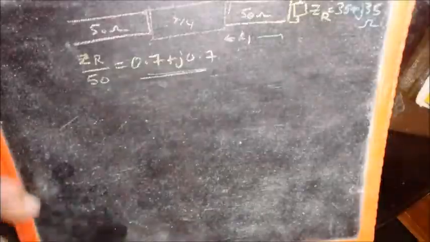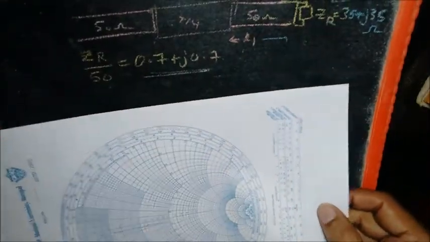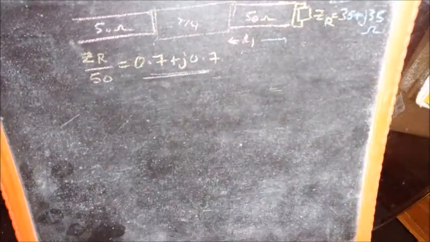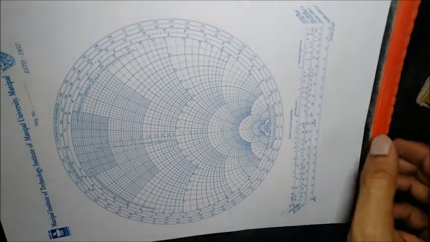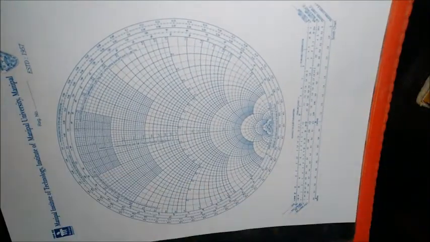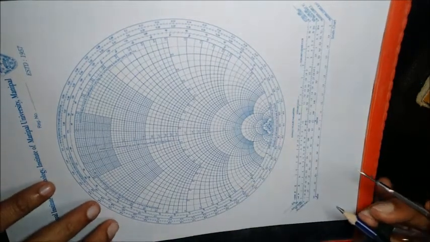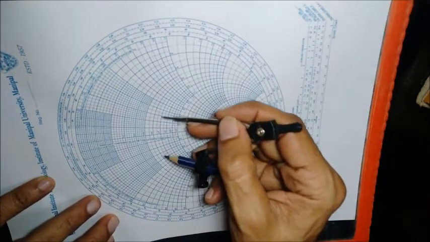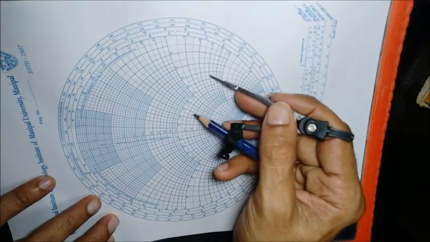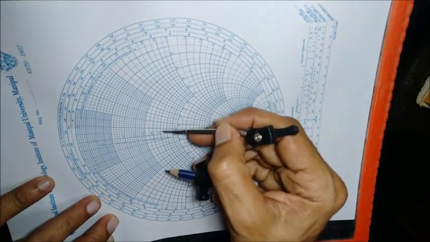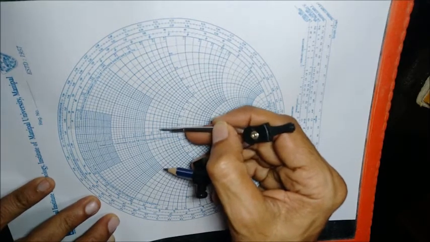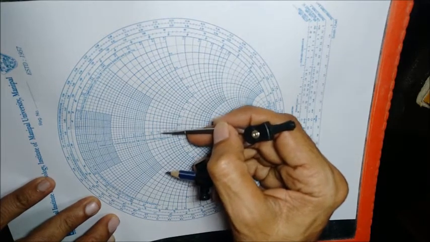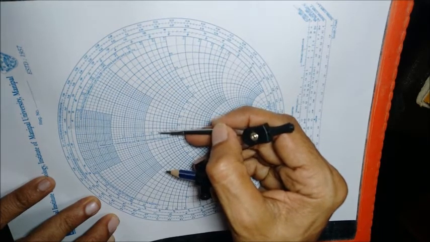We have to locate 0.7 plus J0.7 on this. The 0.7 circle is this, the RA 0.7 circle. You can see 0.7 here. If you have a copy of the Smith chart, it is better, you can see it readily and solve the problem along with me.